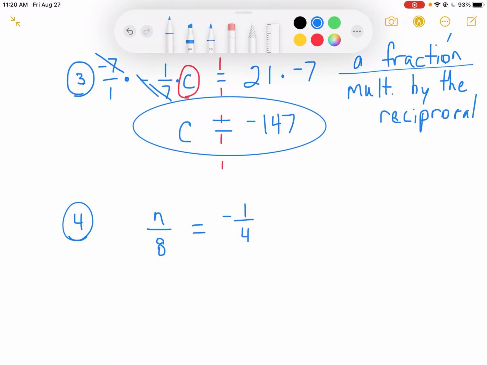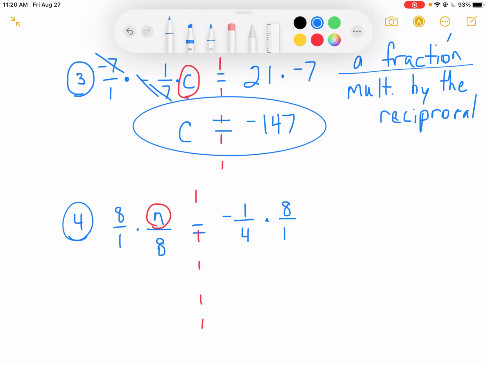This time we have it equal to a fraction, and that's just a tiny bit different. Before, we were doing n divided by 8, so we need to now multiply by 8. I like that 8 over 1, and I especially like it over here because it keeps things a little more organized. I'll get back to the right side in a second.